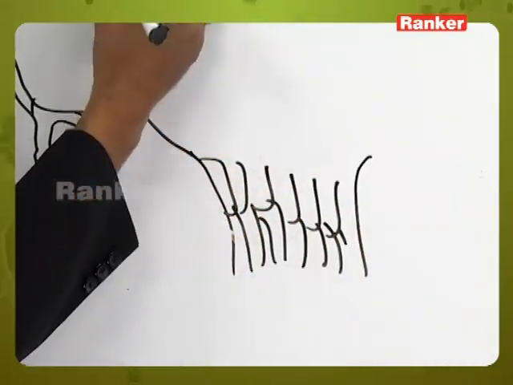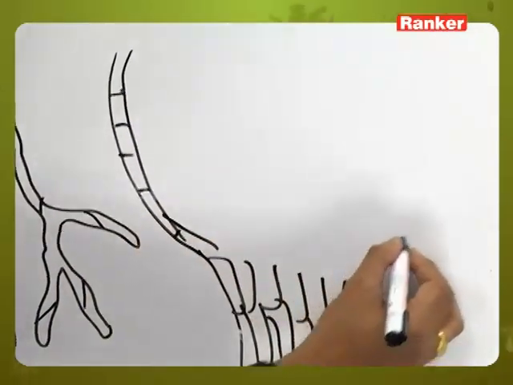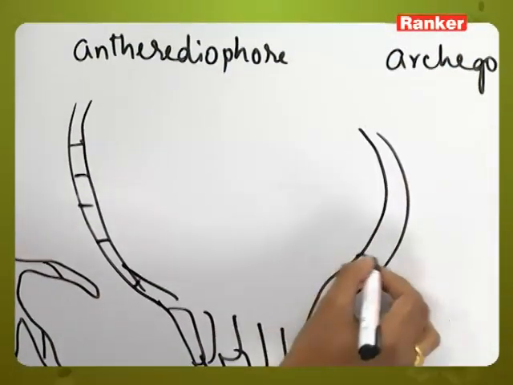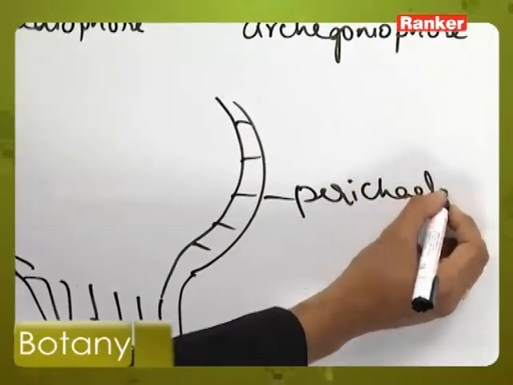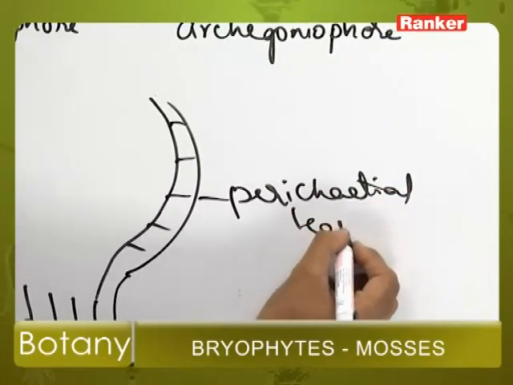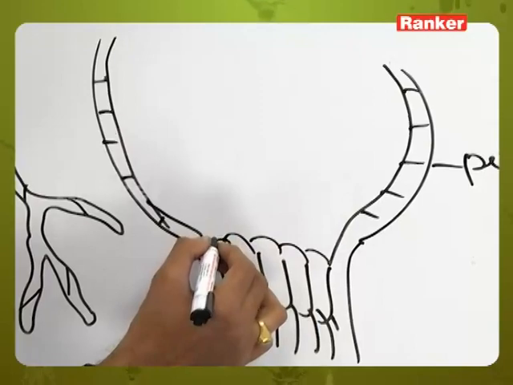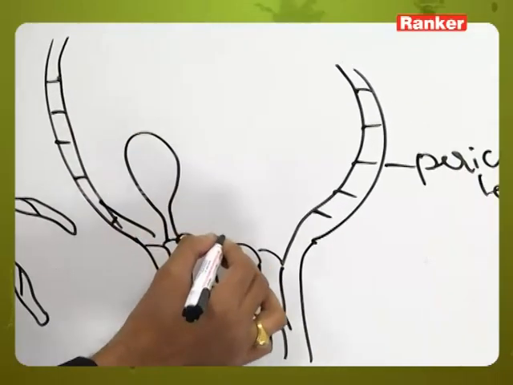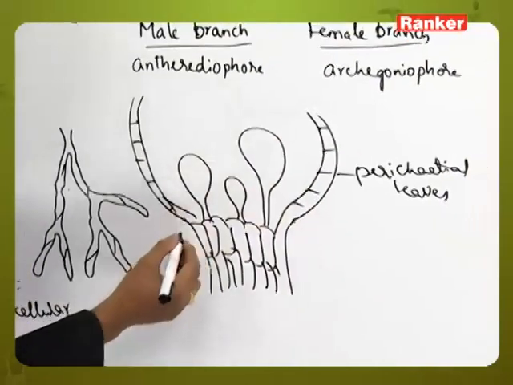In this one, all these antheridia are surrounded by leaf-like structures. These leaf-like structures are called perichaetial leaves, which are protective in function. And in the middle region we can see antheridia of different developmental stages.